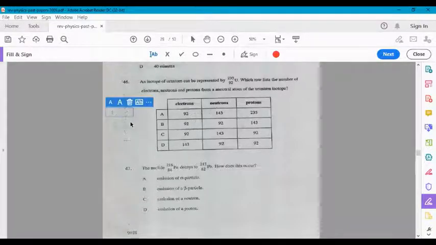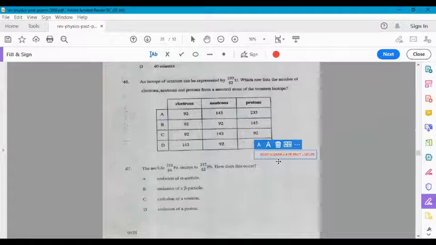So remember, the mass number, that's the biggest one, is the number of protons plus neutrons. Okay? And the atomic number is the number of protons only. If an atom is neutral, that means that it has the same amount of positive charges as negative charges. So it has the same amount of electrons as protons. So the electron number and the proton number is going to be the same.